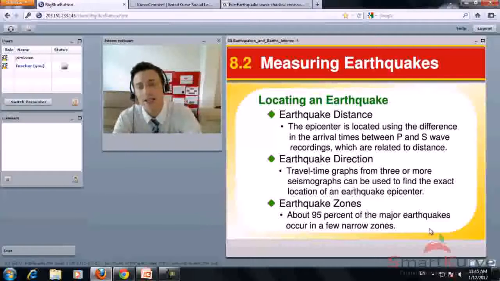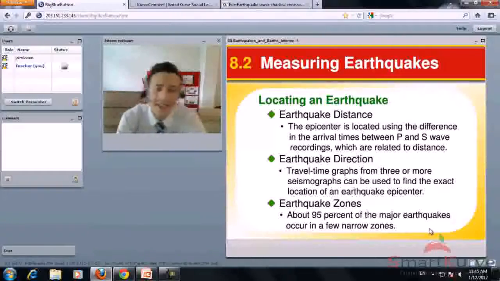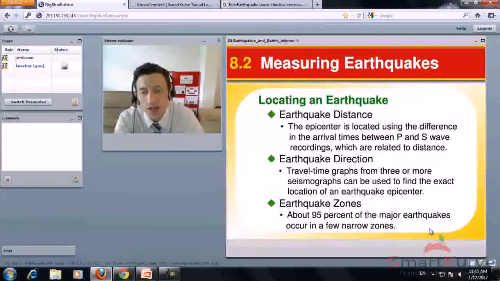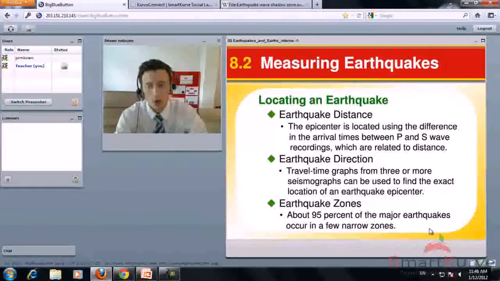Look on the next slide, locating an earthquake. The first point, earthquake distance. The epicenter is located using the difference in the arrival between the P and the S wave recordings, which are related to distance.